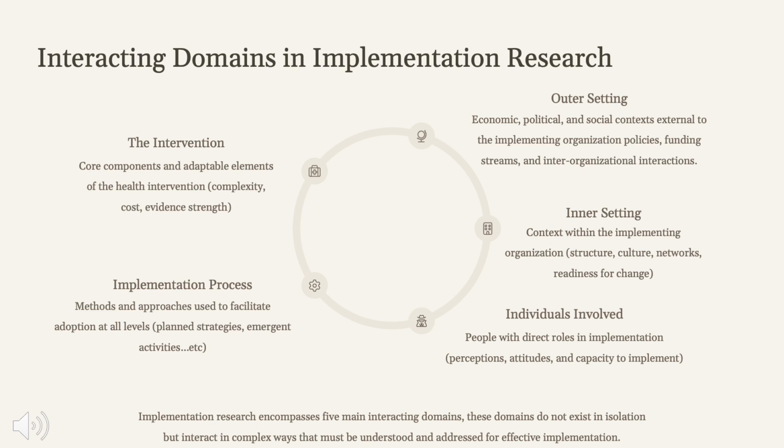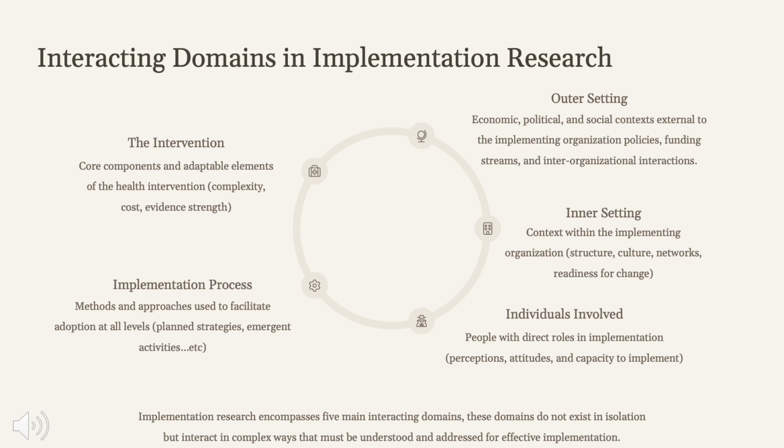Implementation outcomes are influenced by multiple interacting domains. These include the intervention itself, which are the core components and modifiable elements. The outer setting, which contains the broader economic, political, and social contexts. The inner setting, which includes organizational factors such as culture, structure, and readiness.